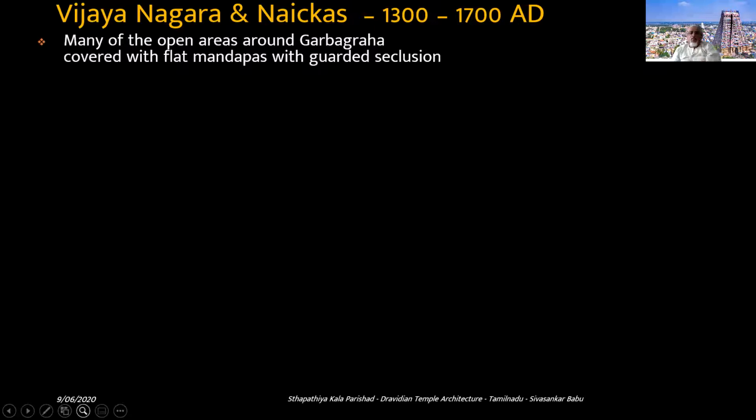So if you see the period between 1300 and 1700, the major activity was that many of the open areas around the garbhagriha were covered. If you see any big temple, this entire area is covered, roofed. This is one of their major works.